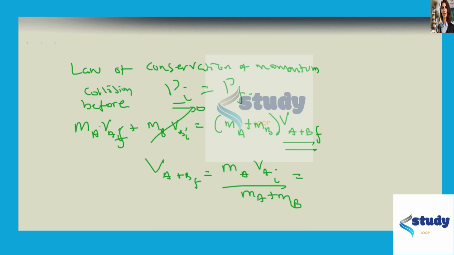We have the final velocity of A and the initial velocity of B. And then this is after the collision when they stick together, so this should be the initial of A and B, plus the final of A and B. Yes, so this is how we have it.